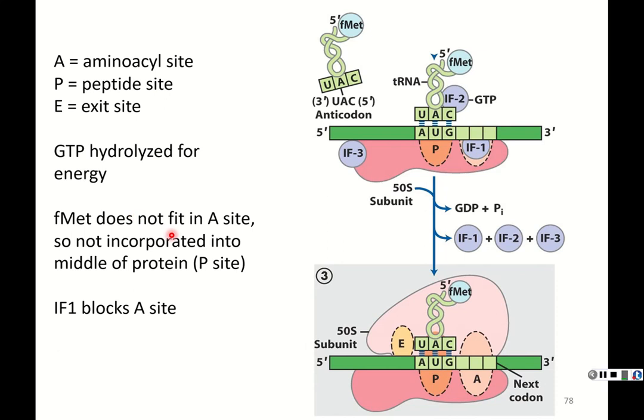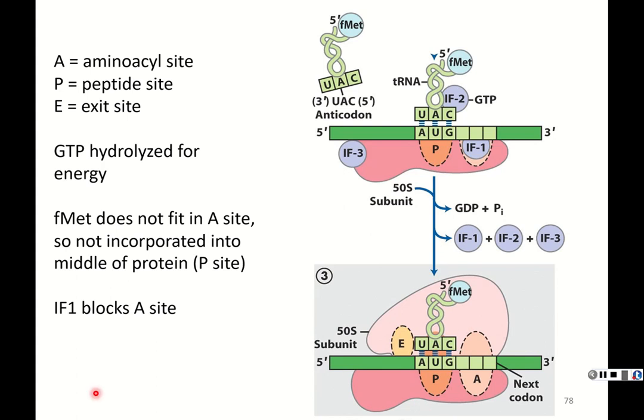FMET does not fit in the A site, so it's not incorporated into the middle of a protein. It has to fit in that P site, and that's one of the reasons why it's only used at the very start. And IF1's job is to block that A site, so no other tRNAs bind there before you can get this initiation complex formed.